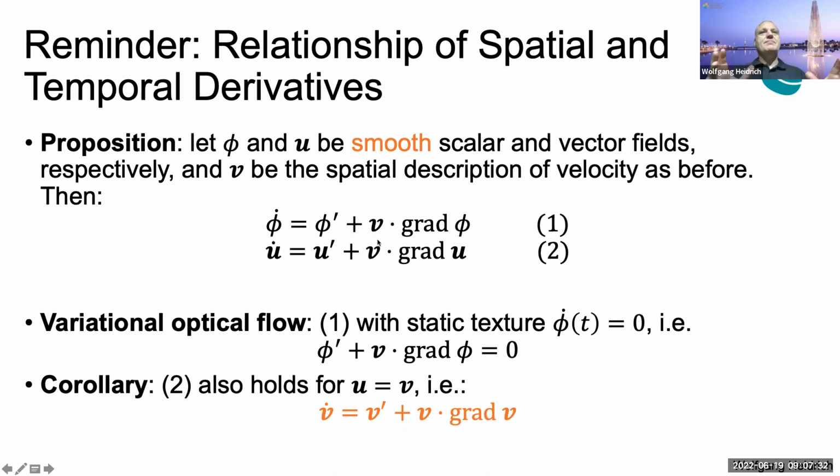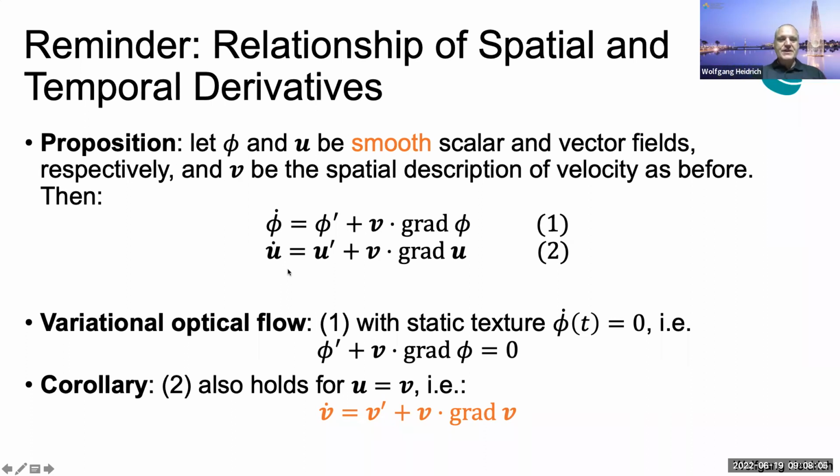So basically the same fundamental insight: if we have some kind of a property that's described in the material space, it is related to spatial and temporal gradients in the real world. Okay, and as I mentioned before, this holds both for scalar fields and for vector fields, and in particular, it holds for the velocity field itself.